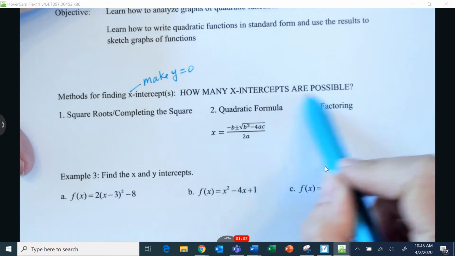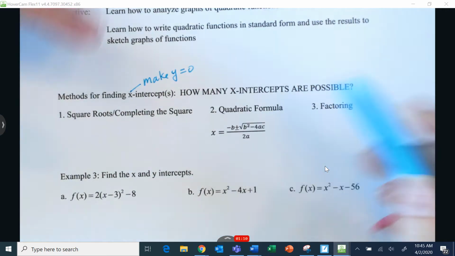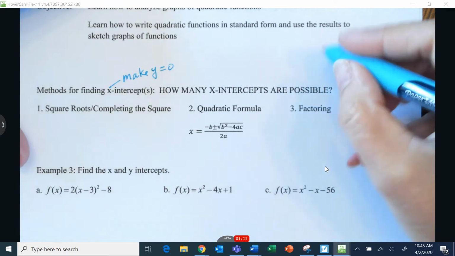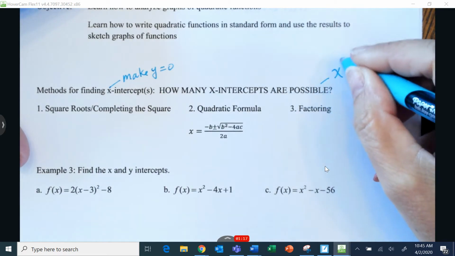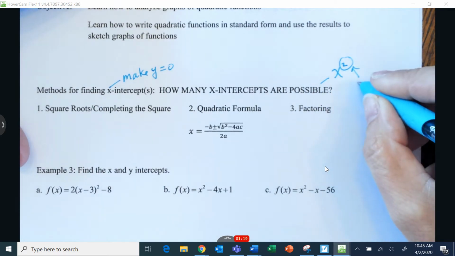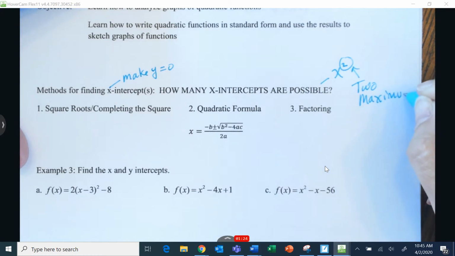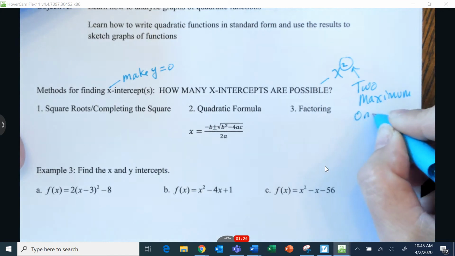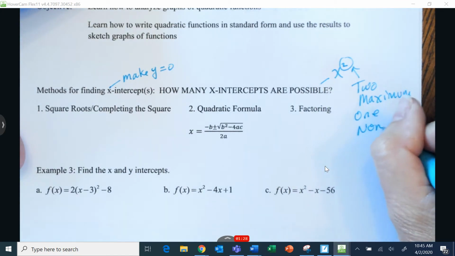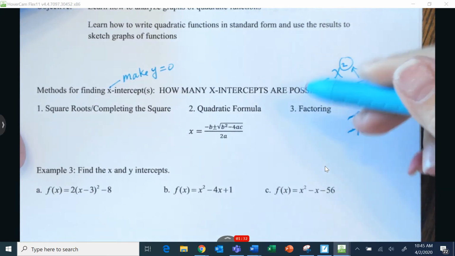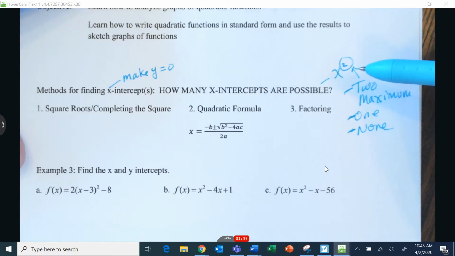That depends on how everything's set up, but since it's x squared, that degree is telling us 2 maximum. But we could have 1 or we could have none. For quadratics, the degree is always going to be 2. The degree is telling us the maximum number of x-intercepts.